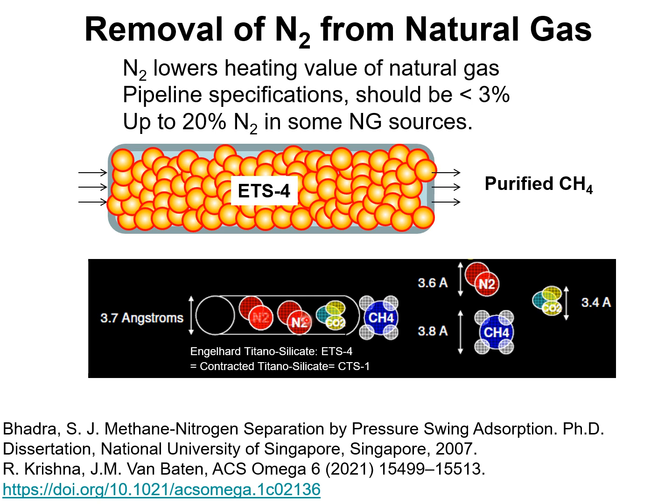The IAST fails at a quantitative level to describe the mixture adsorption equilibrium, and this is demonstrated in the data presented in the thesis by Bardra. See also my paper in ACS Omega published in 2021.